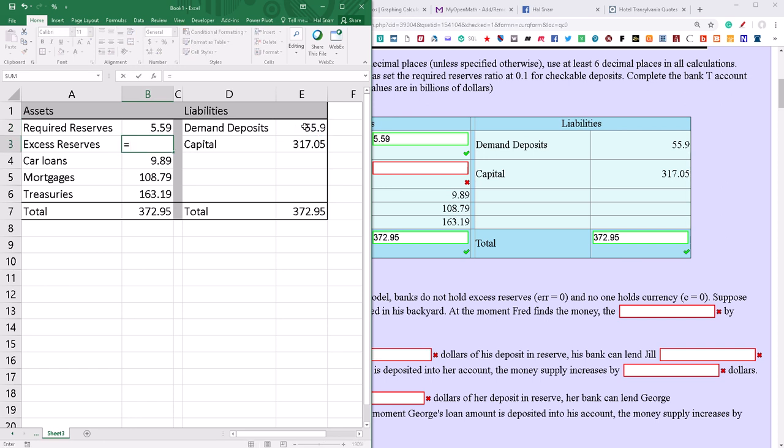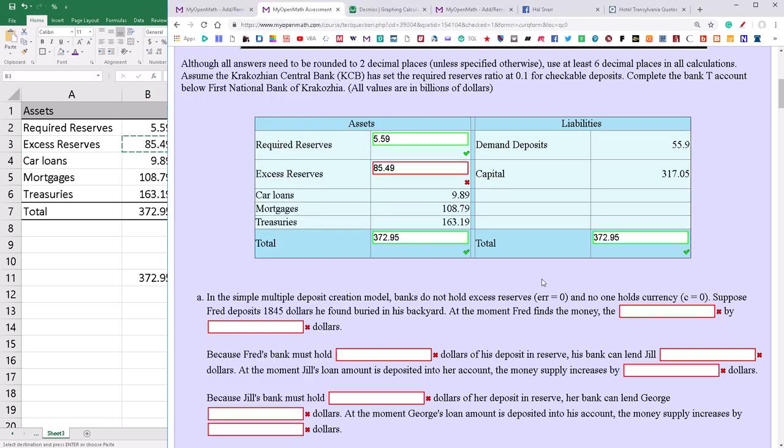And then the best way to do this is to take this total here and then subtract off that value, this value, that value, and that value, and then hit enter. Now I can double check to see if the left hand side equals the right hand side, and it does. So excess reserves must be 85.49 million, or whatever the units are.